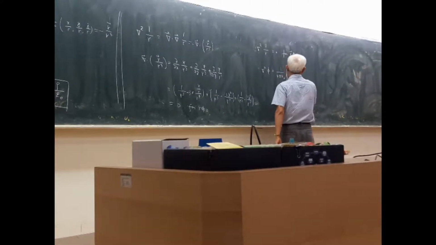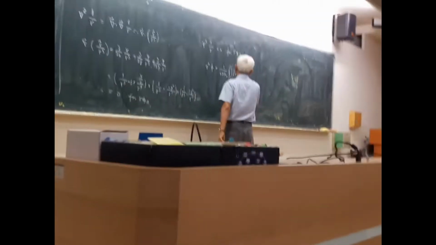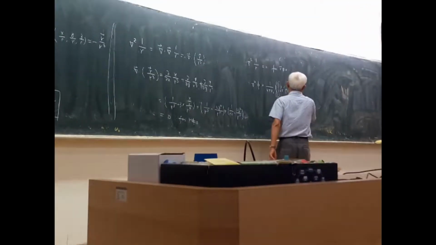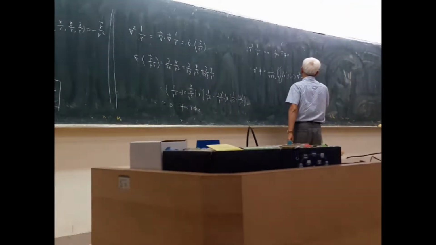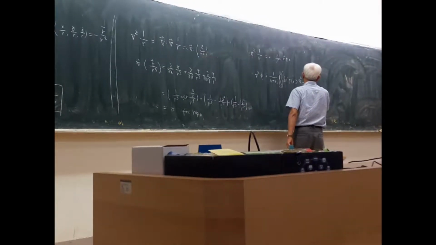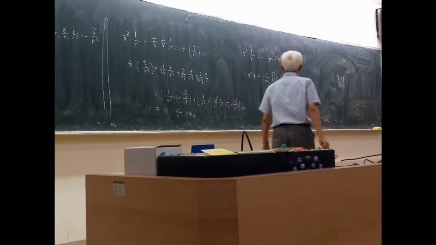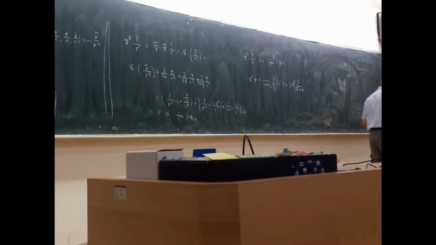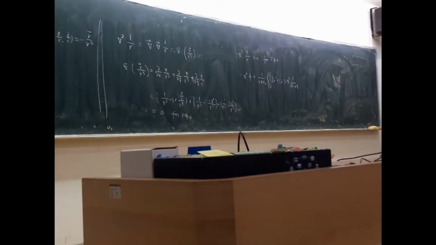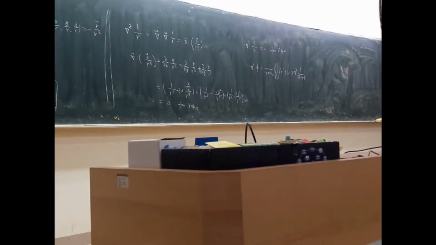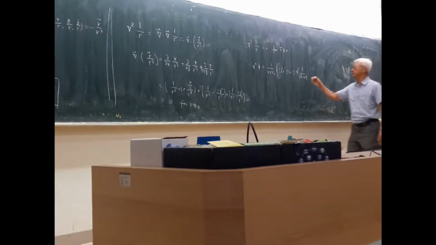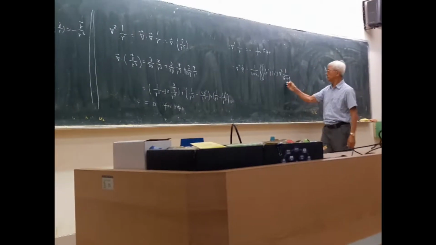Rho of r prime times the Laplacian of 1 over the magnitude of r minus r prime. Now, first of all, when r is not equal to r prime, this is 0.